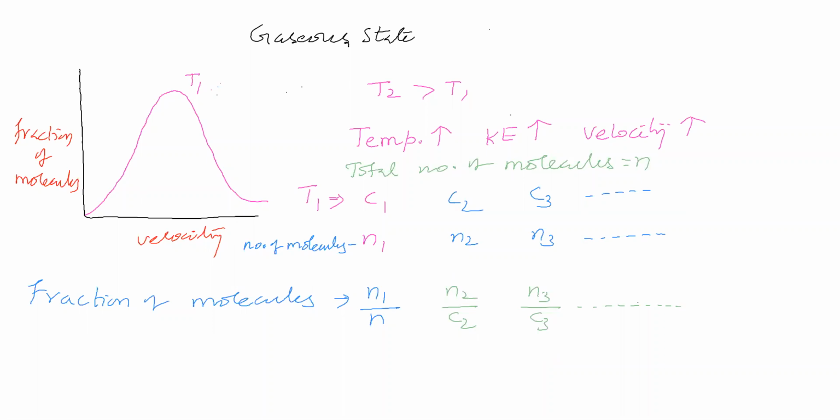Next we will take a higher temperature. Now T2 is greater than T1. If we take T2, will the gaseous molecules move towards the higher velocity side, or will they move to the lower velocity side?